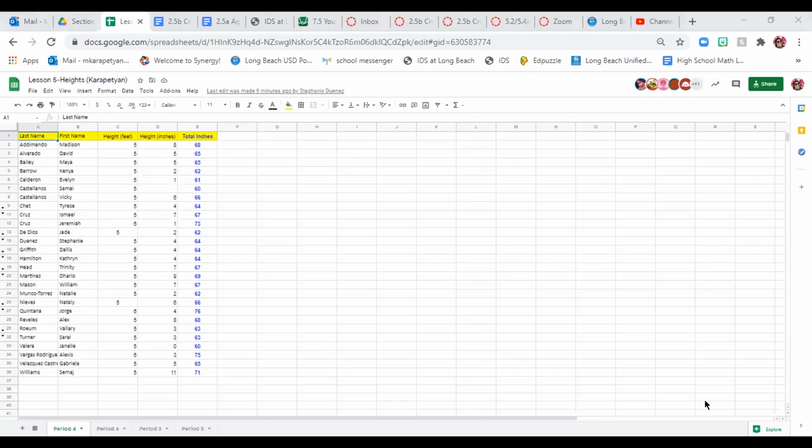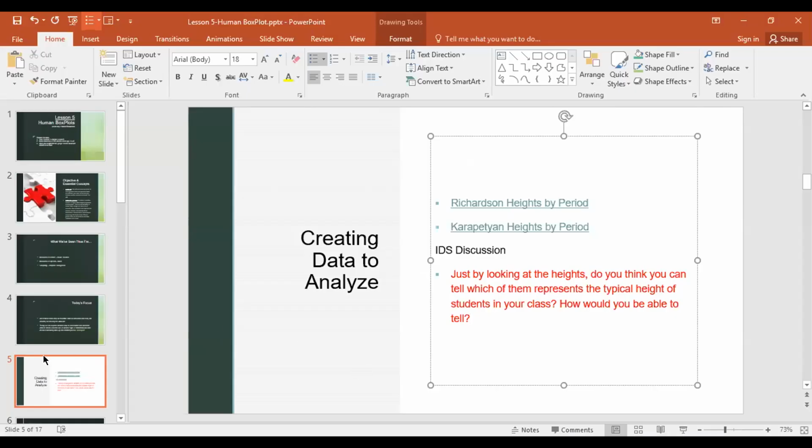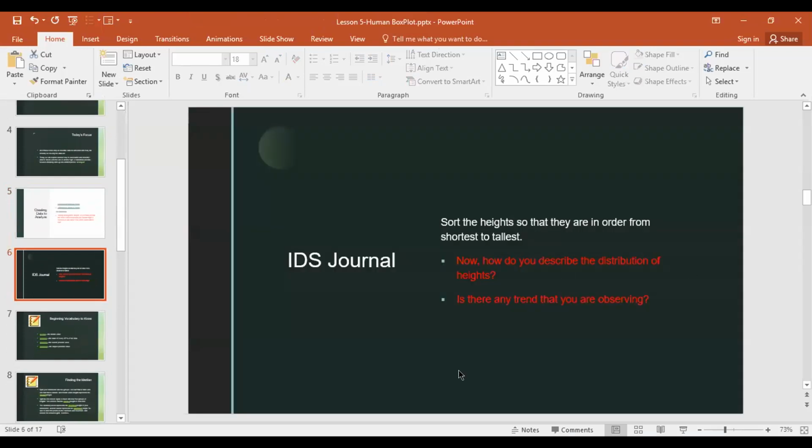So if we go back to our PowerPoint, that's what we're going to do. We're going to sort those heights so that they are in order from shortest to tallest. Oh, Dario, look at you coming through, okay? What I'm going to do is sort it on our spreadsheet, and I want you guys to answer the questions: how would you describe the distribution of heights?